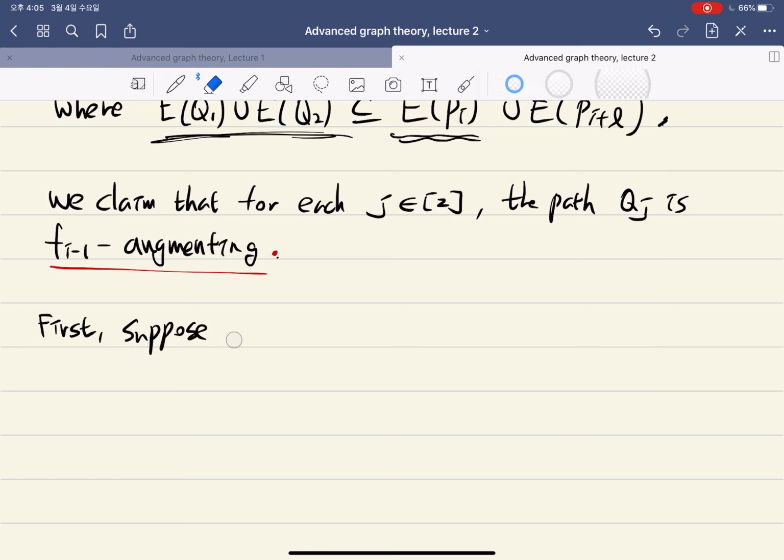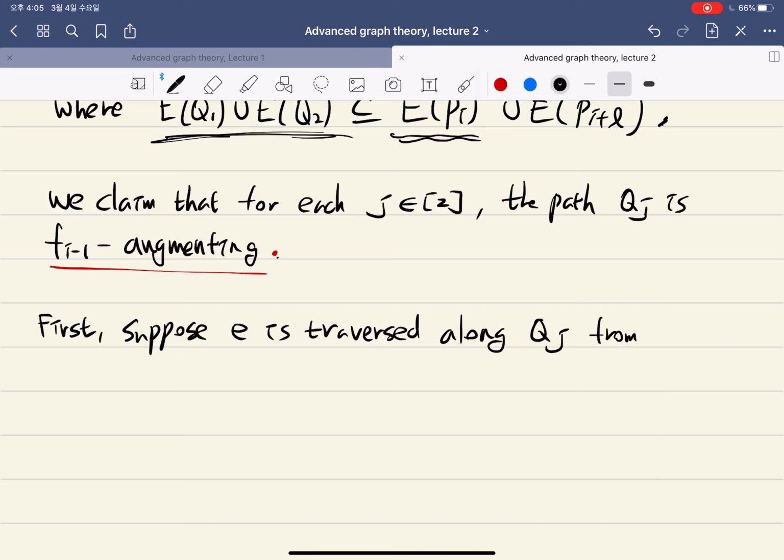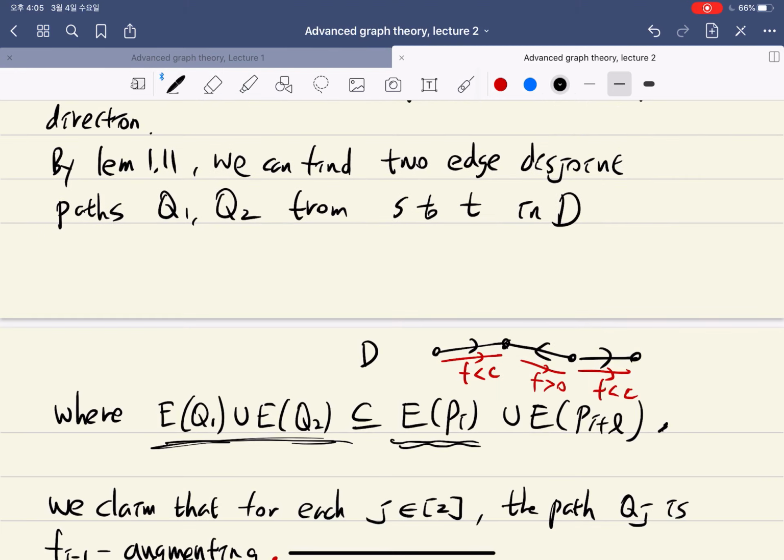First, suppose that an edge e is traversed along Qj from tail to head. So meaning that in D it's oriented this way, and then in Q it's also oriented in the same way.